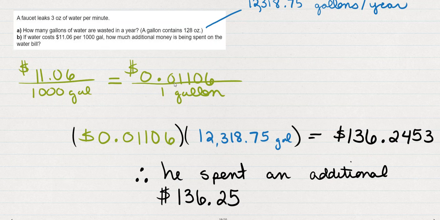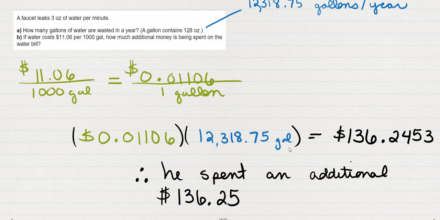So I got this 0.01106 by doing 11.06 divided by 1,000. And now I know that the cost for 1 gallon is 0.01106 dollars, or 1.106 cents. Make sure you don't round this number if you're using this process. You don't want to round till we get to the end. So this is what the cost is per gallon.